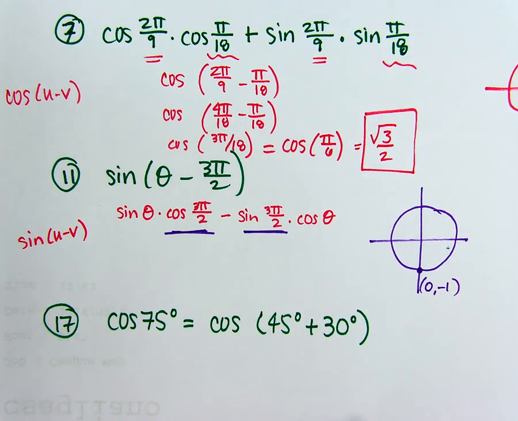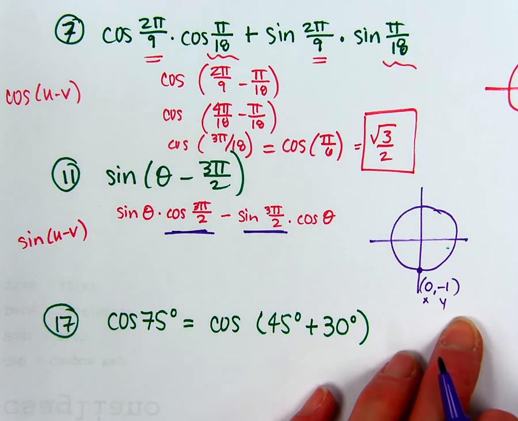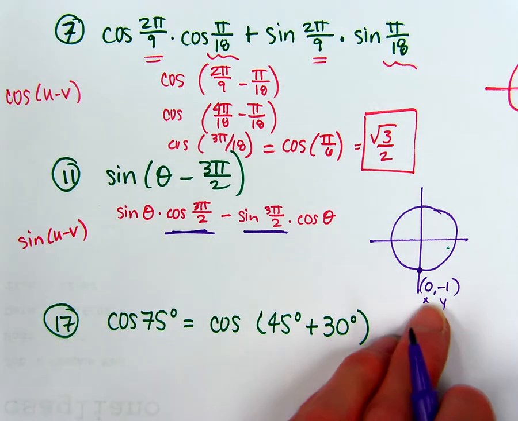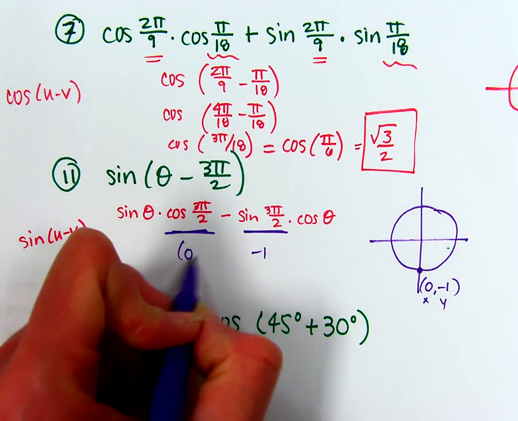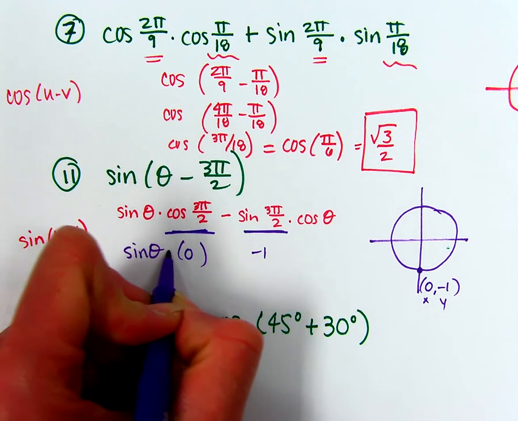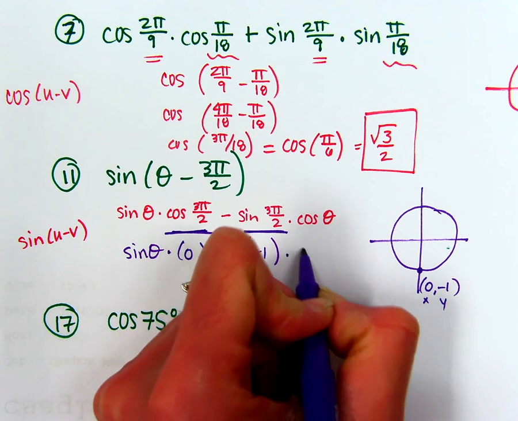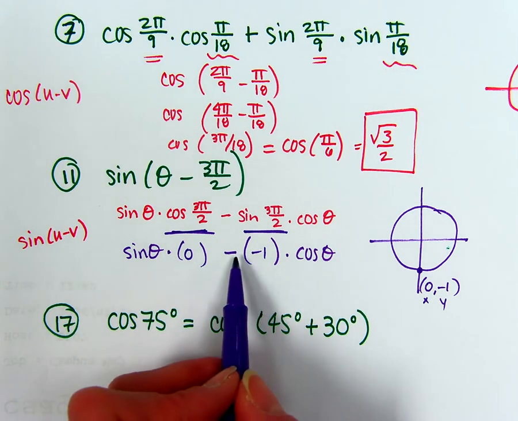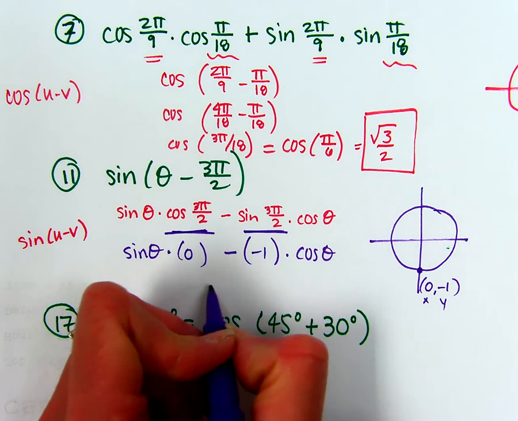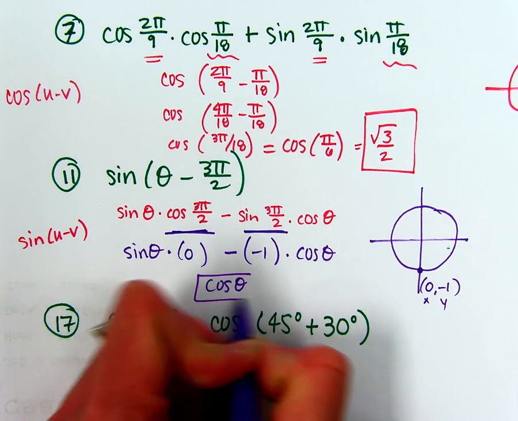It doesn't make a triangle, but your x-coordinate is your cosine, your y-coordinate is your sine. So cosine would be 0, sine would be -1, and now we can just replace. Anything times 0 is 0. A negative times a negative is positive, so this whole thing simplifies to cosine of theta.